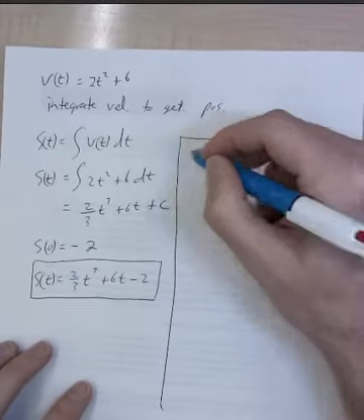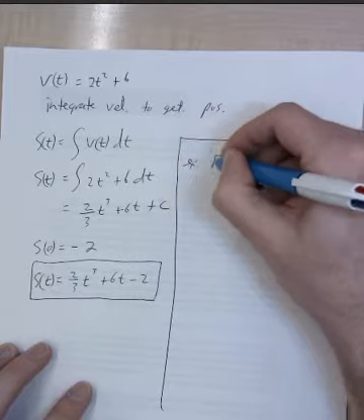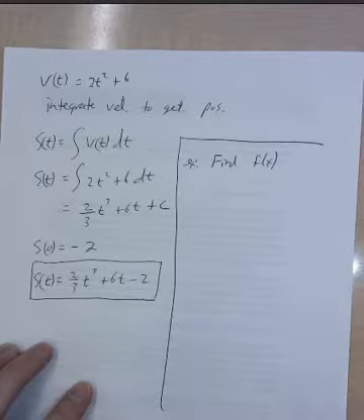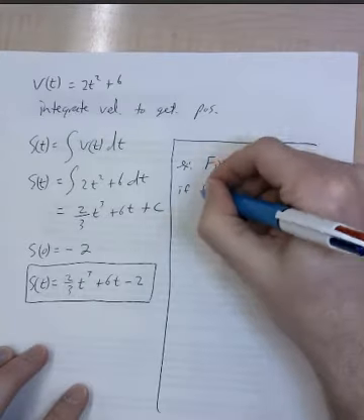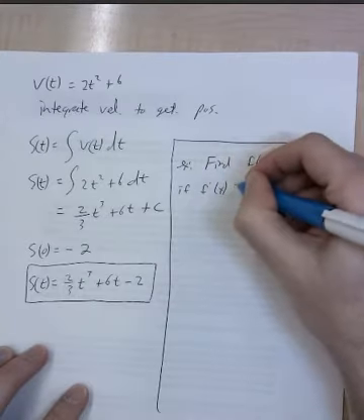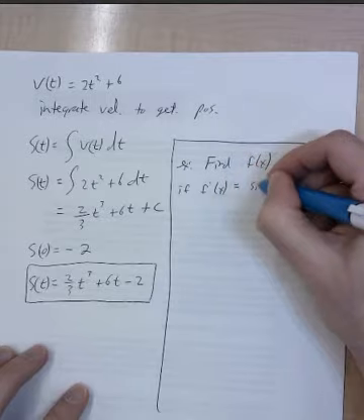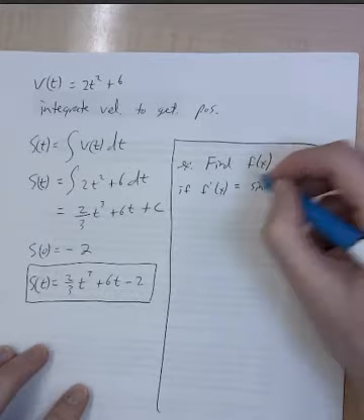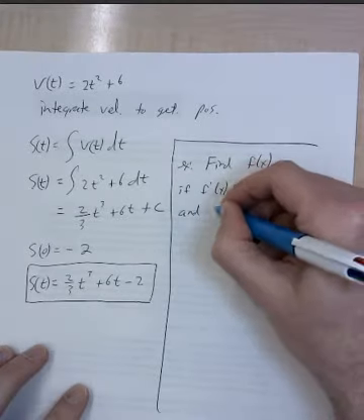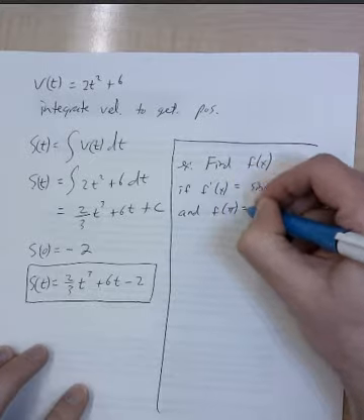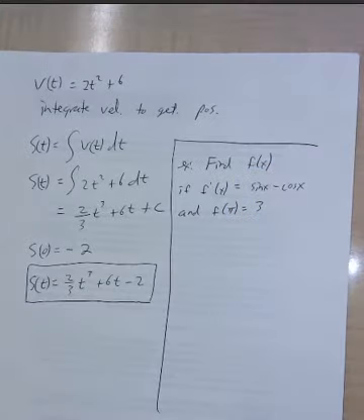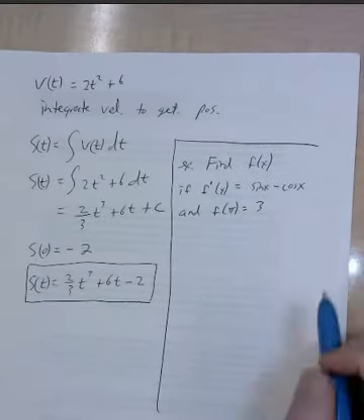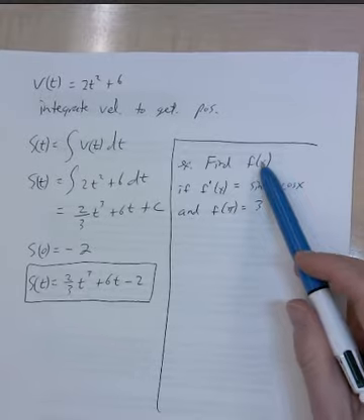So here's the question then. Find f of x if f prime of x equals sine x minus cosine x and f of pi equals 3. So we want to find f of x, and we were given the derivative.